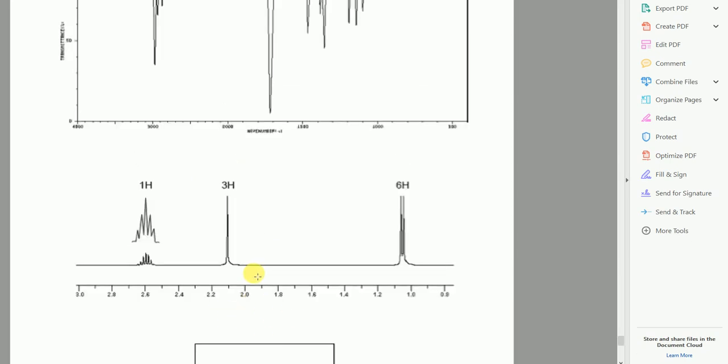So you have this range, and you're going to be familiar with where things are plopping down on this range. The number on top is giving you the number of hydrogens on the carbon being looked at. The number of peaks refers to what's surrounding it, so its environment, okay?